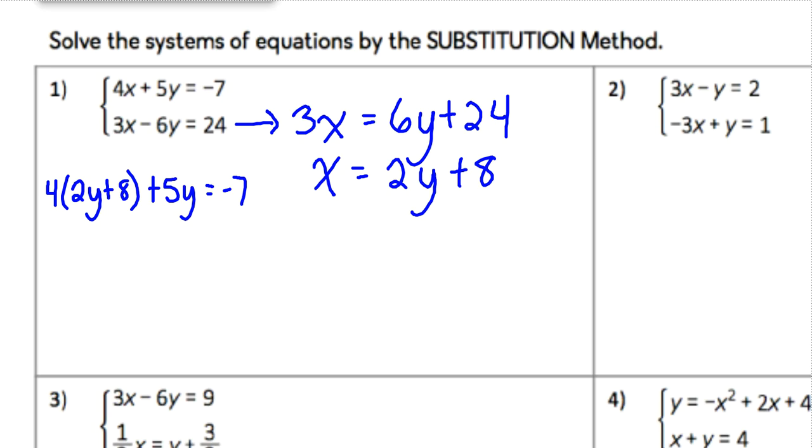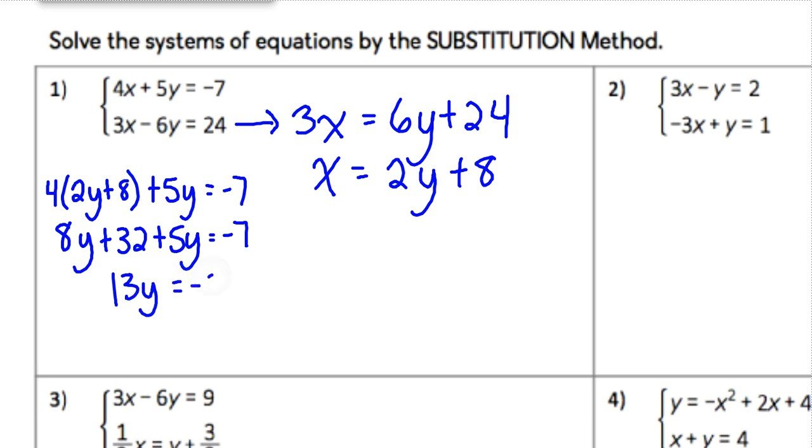So when I distribute, I get 8y plus 32 plus 5y equals -7. Combining like terms, I get 13y on this side, and on my other side, I get -39 when I combine those. That gives me a y coordinate of -3.